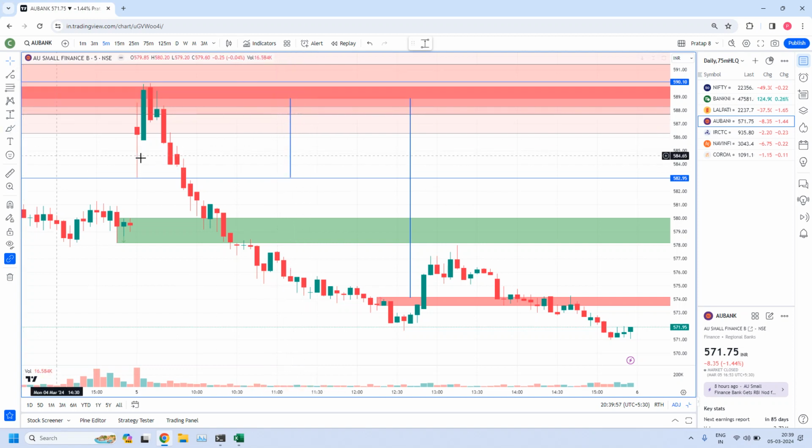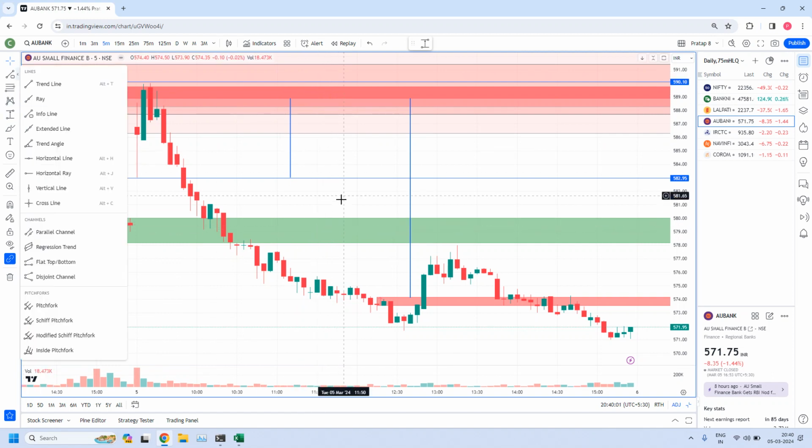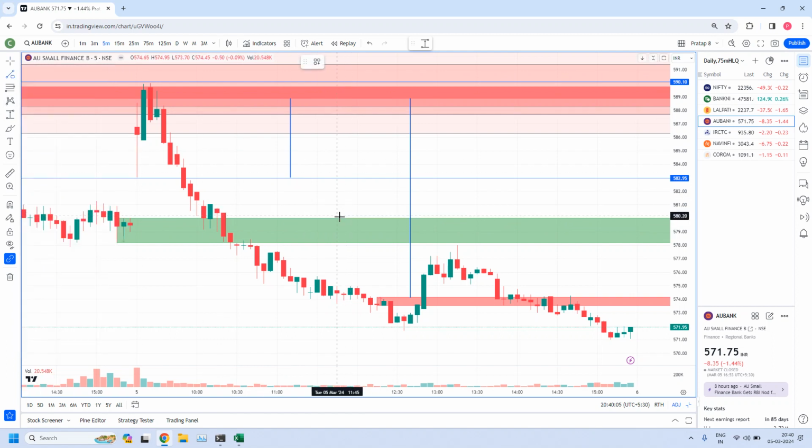If you would have exited at this 15 minutes demand zone, approximately 8 rupees 90 paisa profit you would have got. Now based on this trailing stop loss, finally you got 14 rupees 75 paisa profit.